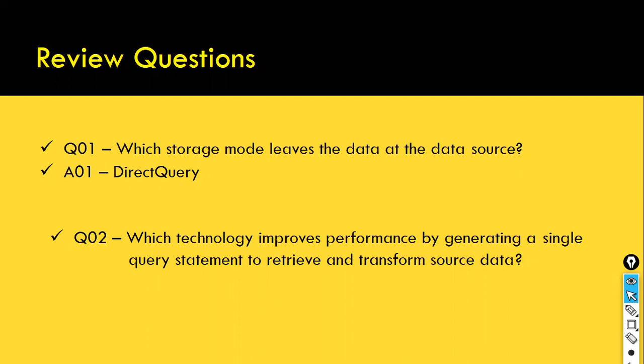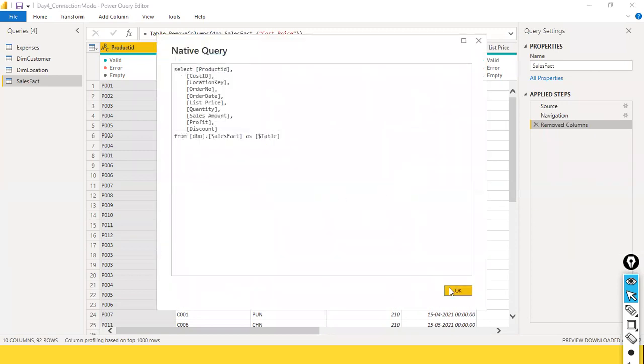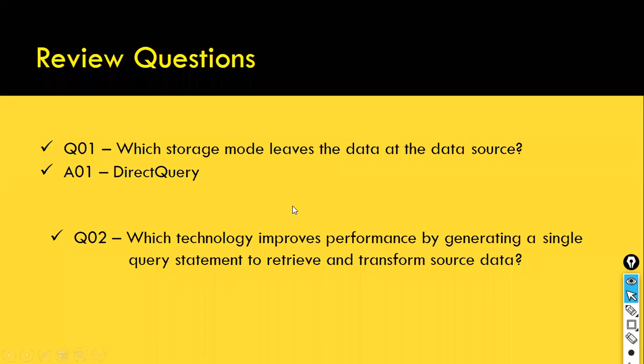Which one is the best one? What is the correct answer for this? I explained it just a while ago, right? Generating a single query statement. Guys, look here. Here it generated the query, right? What is this called? Query folding.